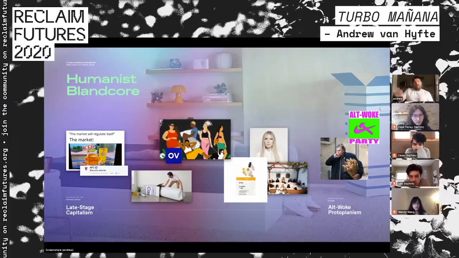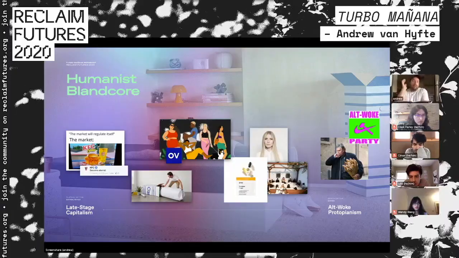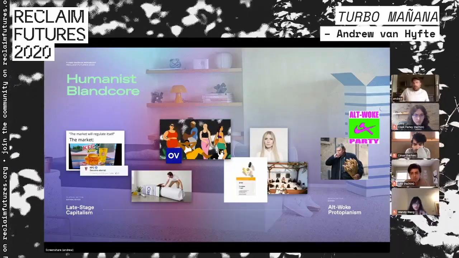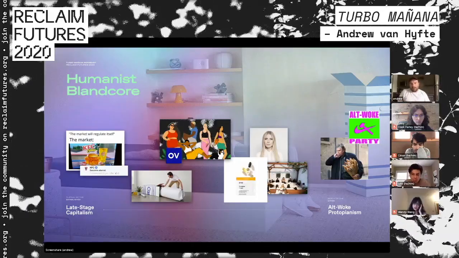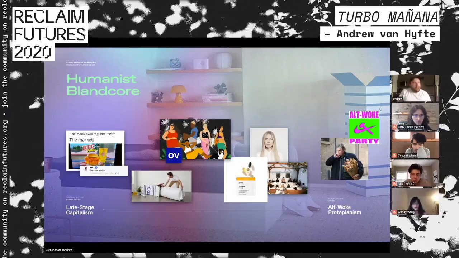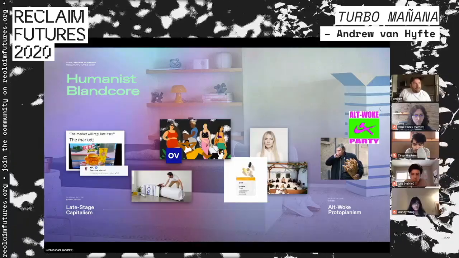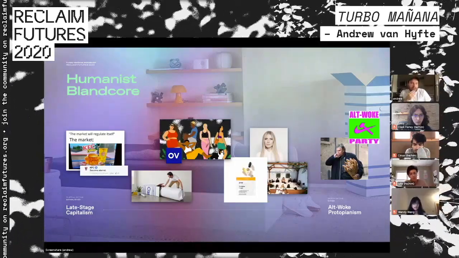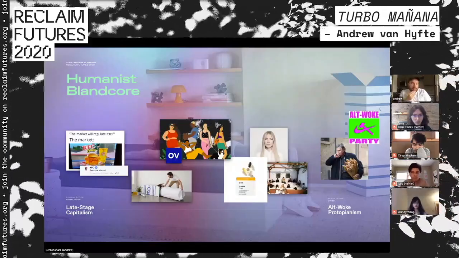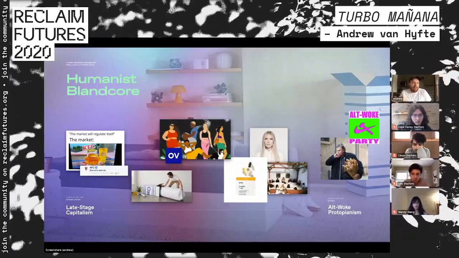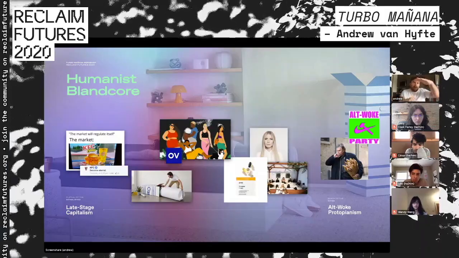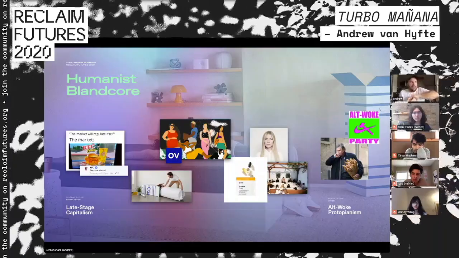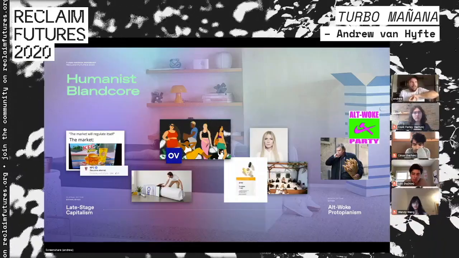But on the other end, the alt woke, I'm low-key fascinated with what Gwyneth Paltrow has been able to do with Goop, because I think it's a bit of a signal. The approach and some of the products lean into Humanist Blandcore, but some of the behavior doesn't. Think of a duck above water and dog paddling below: there's an interesting split in what Goop is going for.